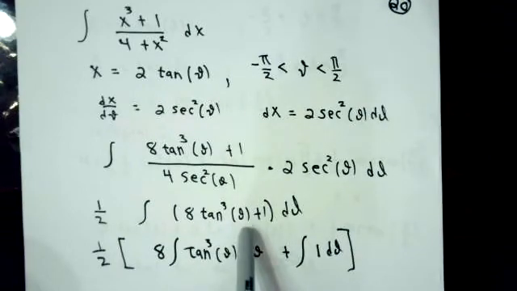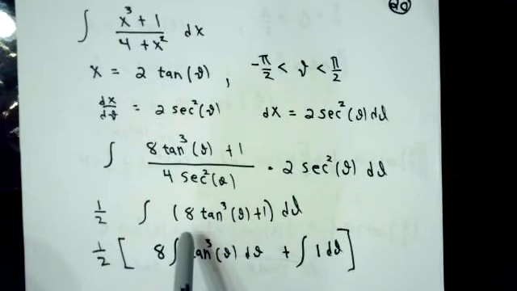I'll do the integral of 8 times tangent cubed plus the integral of 1 with respect to theta. In that first integral, I can pull the 8 out front. So this is reduced down to being able to integrate tangent cubed of theta on the one hand, and the constant function 1 with respect to theta on the other hand.